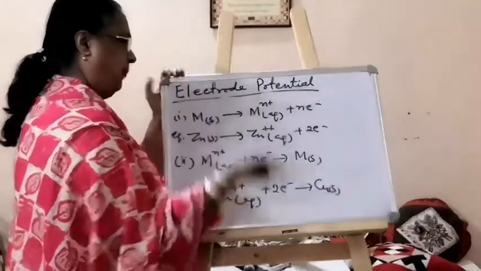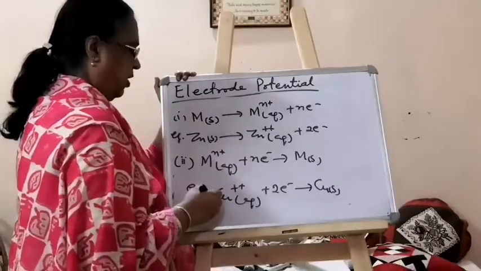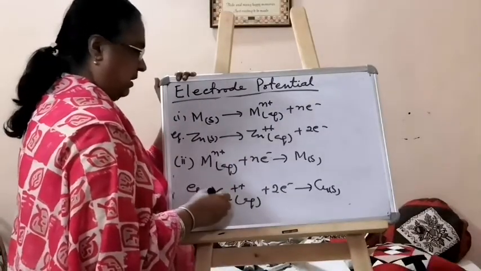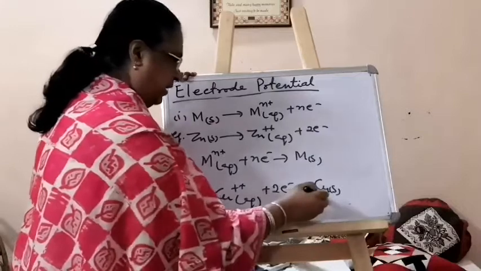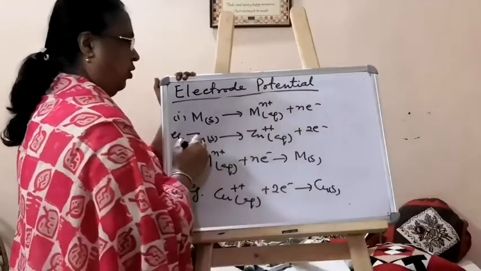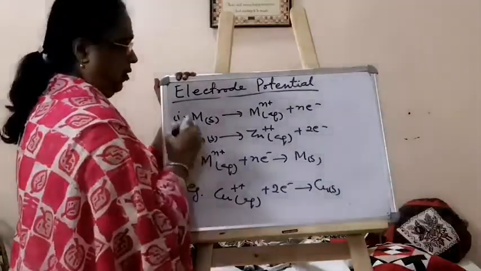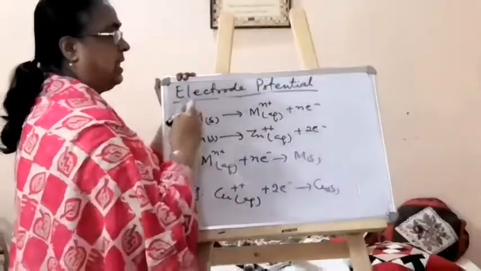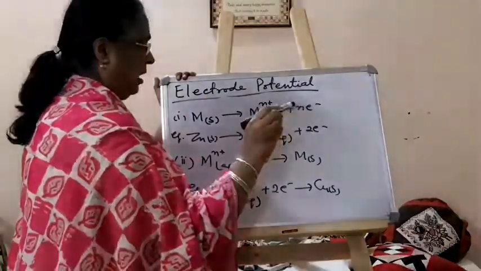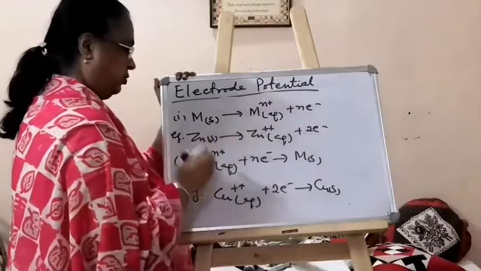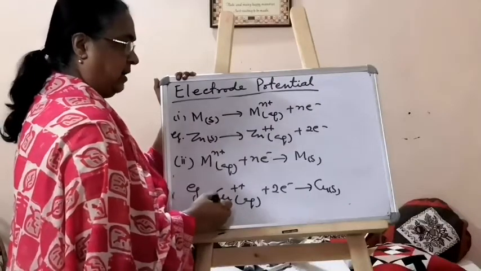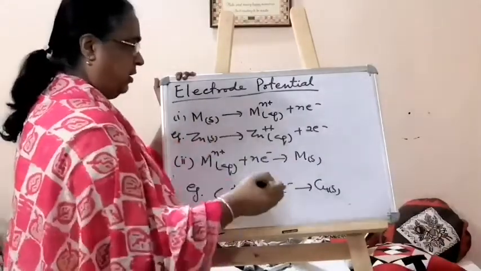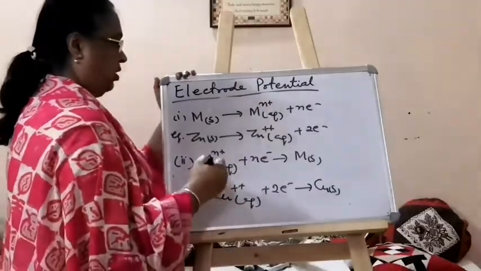In the opposite way, a less reactive metal is more easily reduced than a more reactive metal. A more reactive metal is easily oxidized but not easily reduced, and a less reactive metal is easily reduced but not easily oxidized.